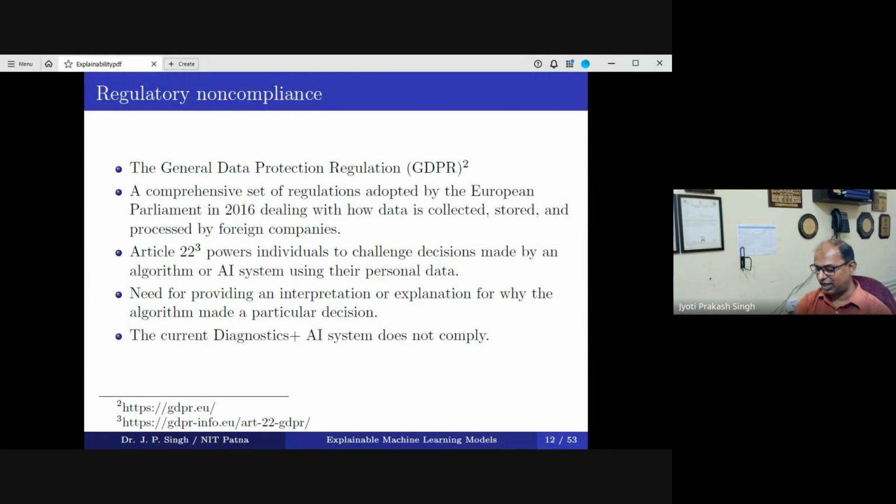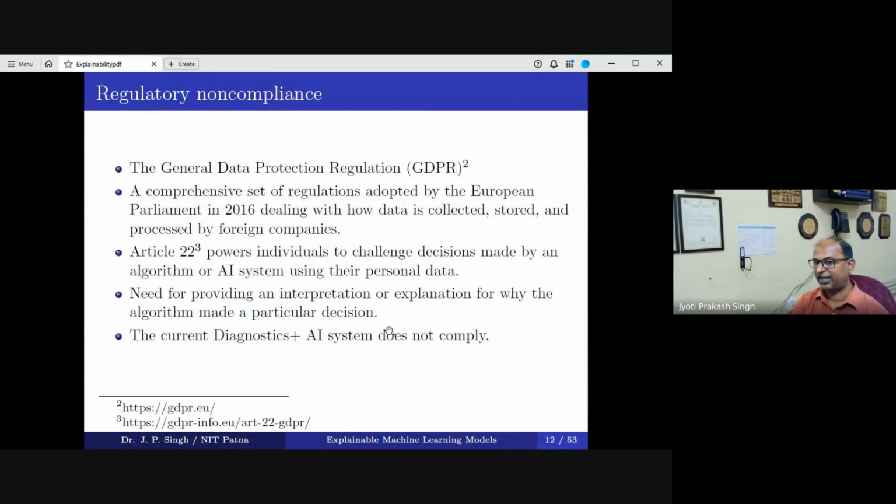So the AI model has to explain why it is predicting like this. If it is a medical case, why is it saying that I should take this medicine, or I have this disease, on what basis is it coming to this conclusion?